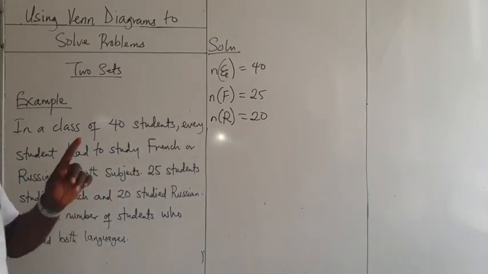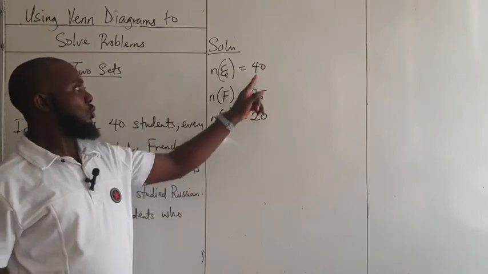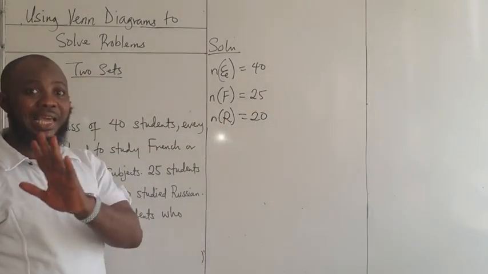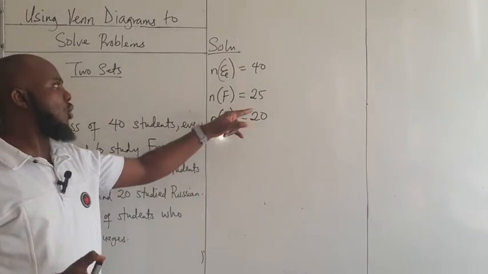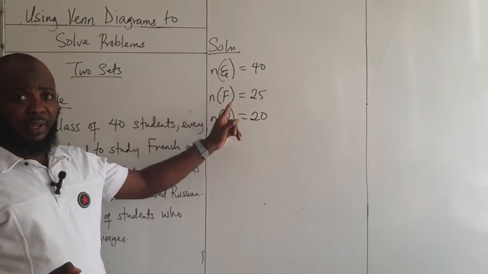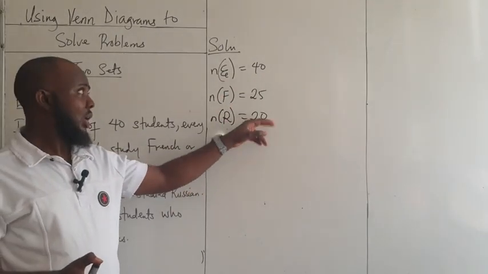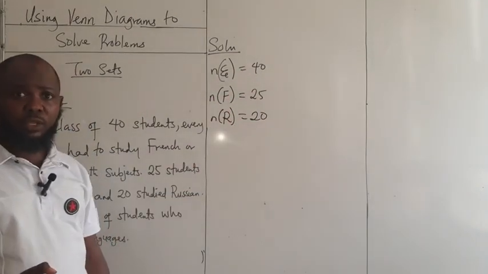So don't be surprised that when you add these two together, it will give you more than the number of students we have in that class. Don't look at it that way, because that is where students usually get confused: how come the number of students that study French is 25, while the number that study Russian is 20, and we are saying that we have 40 students in the class. So this is more than 40.